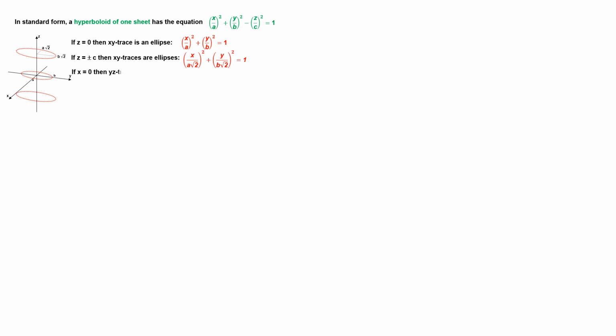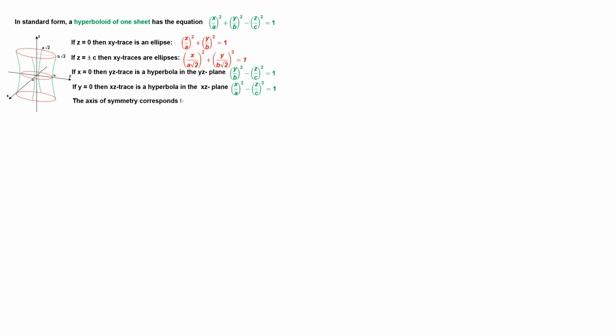If x equals 0, then yz trace is a hyperbola in the yz plane. If y equals 0, then xz trace is a hyperbola in the xz plane. The axis of symmetry corresponds to the variable whose coefficient is negative.